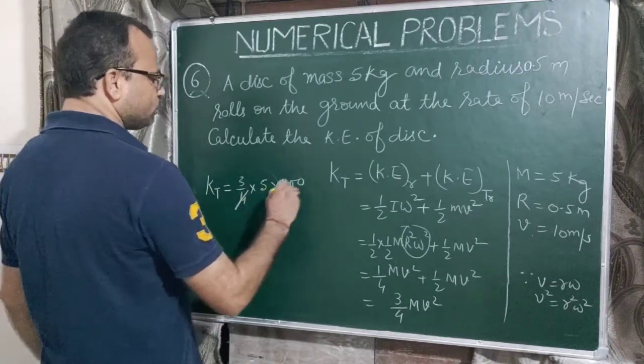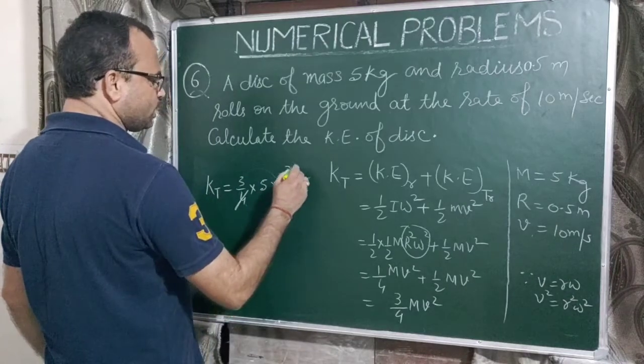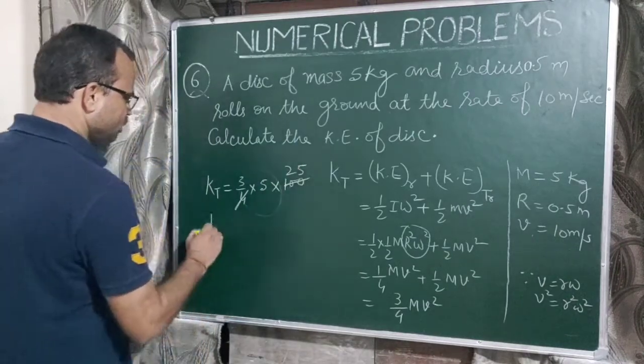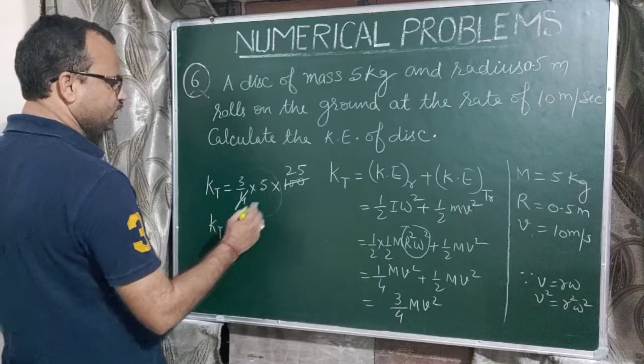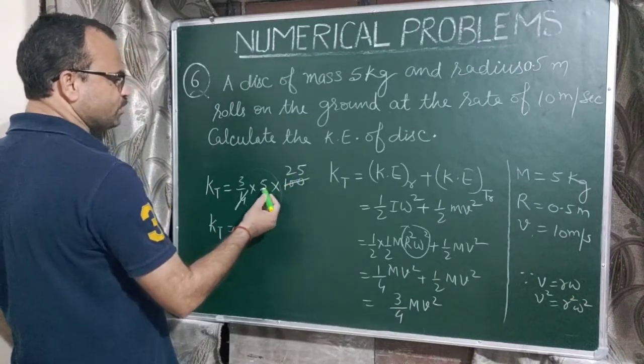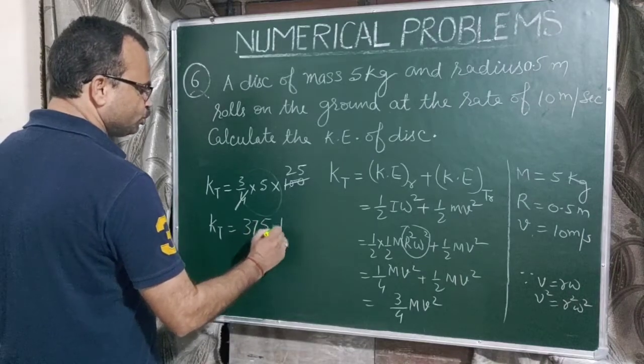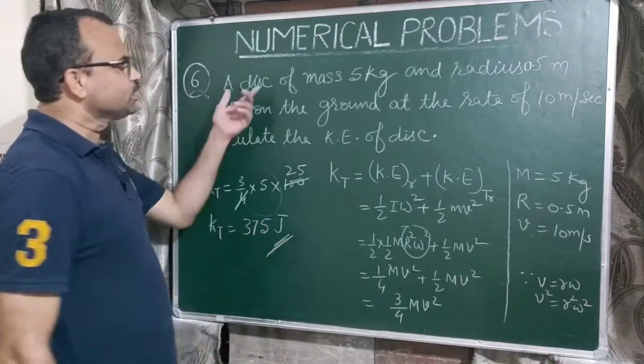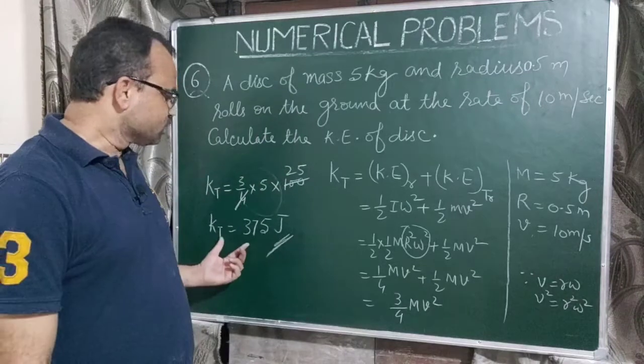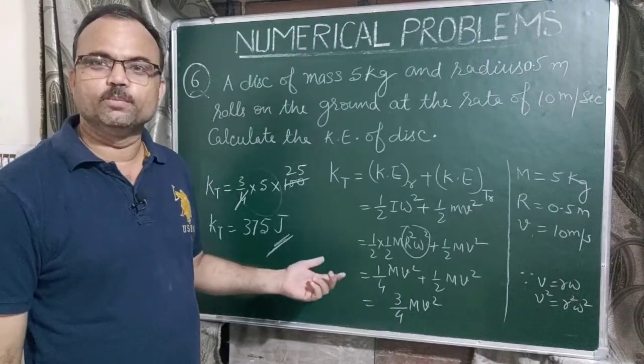So 4 2s are 8, 4 5s are 20, means total kinetic energy of body is 5 into 75, 375 joule. So total kinetic energy of a disk is 375 joule.